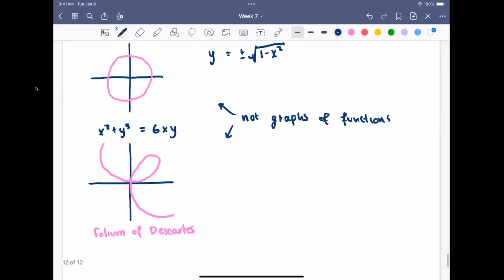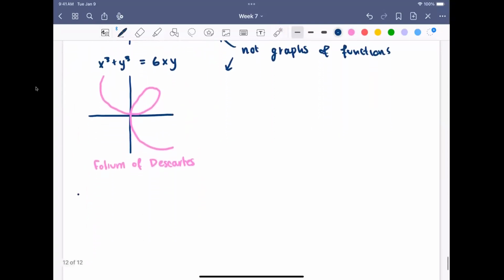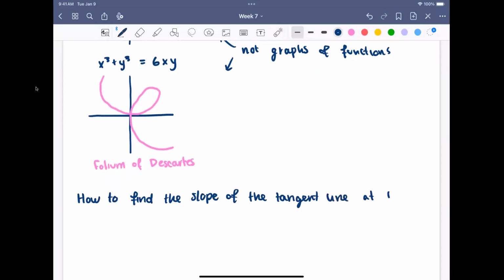So here's an overview of how to find the slope of the tangent line, let's say at a specific point (a, b) that's on your curve.